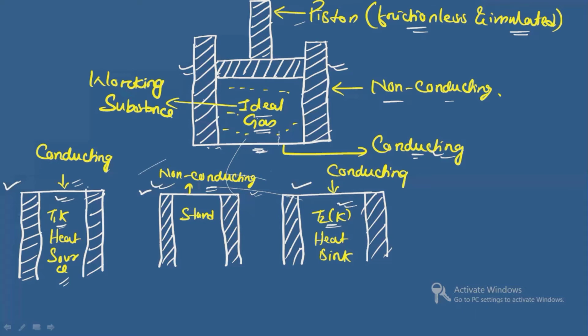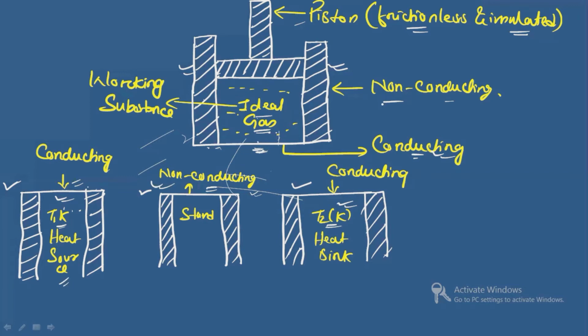Then its temperature will decrease, and this temperature will remain constant because there will be heat transfer. There can be exchange of heat from both sides, yes or no. So when the heat source transfers heat to the working substance, they will come to an equilibrium state, and the temperature of the working substance will become T1 Kelvin, right?